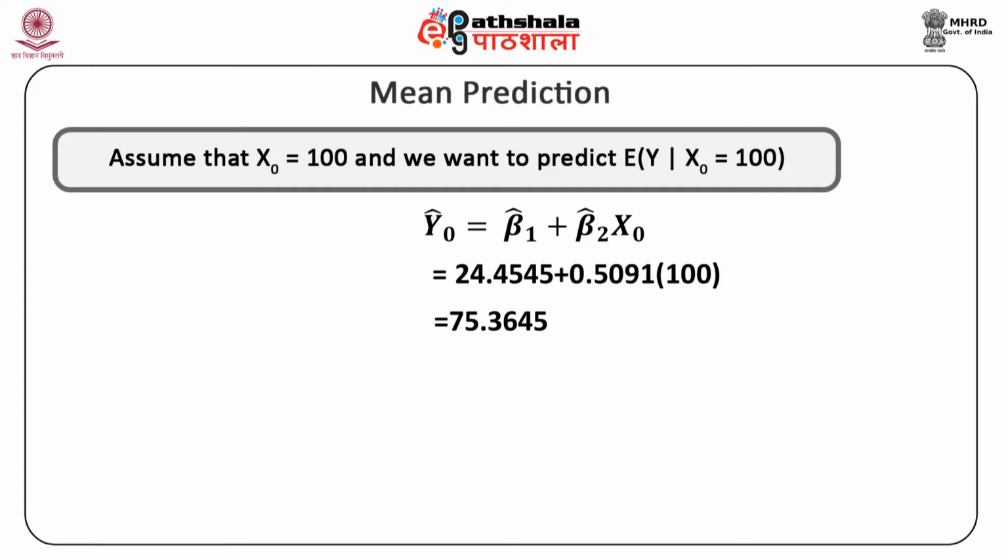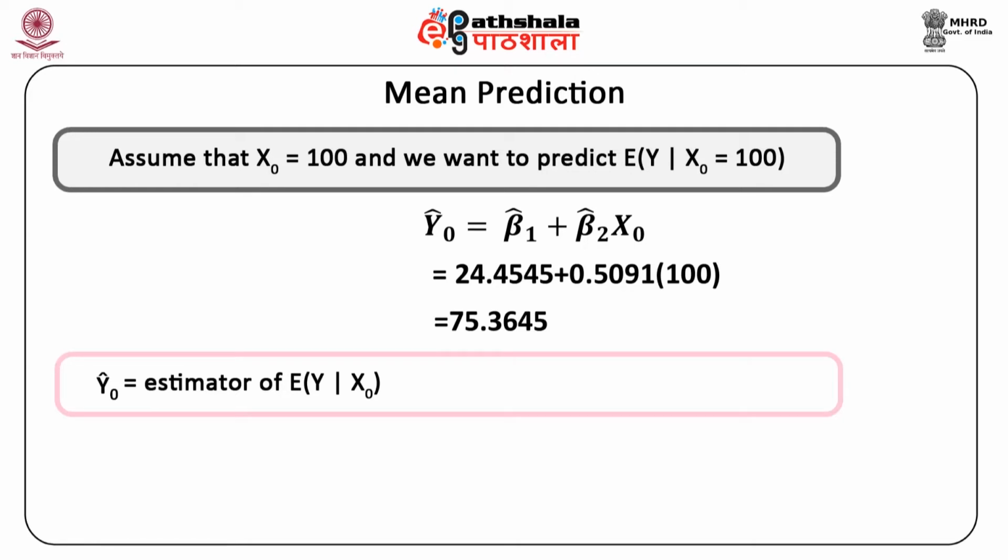On substitution, we get 24.4545 plus 0.5091 into 100, and on simplification this is equal to 75.3645, where y0 hat is the estimator of the expected value of y given x0.